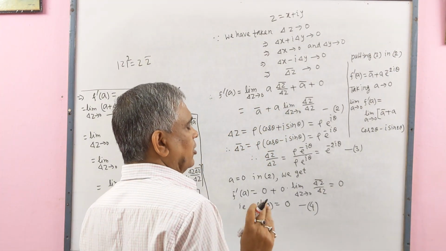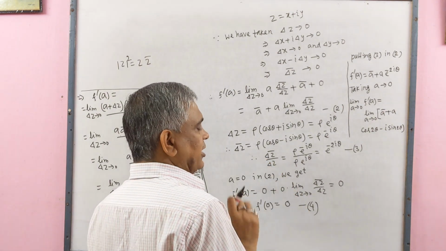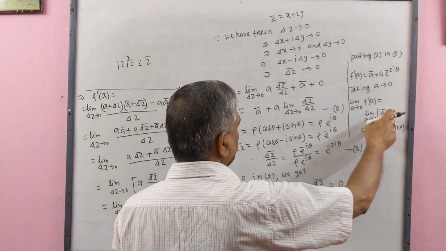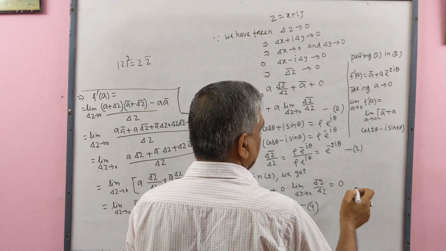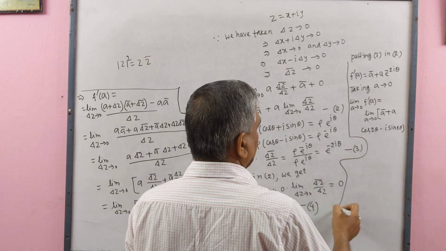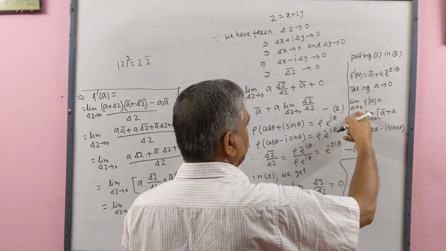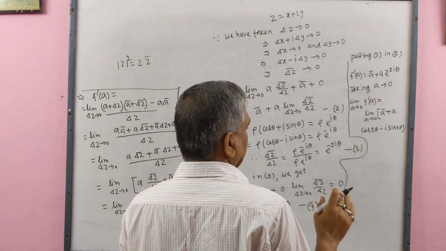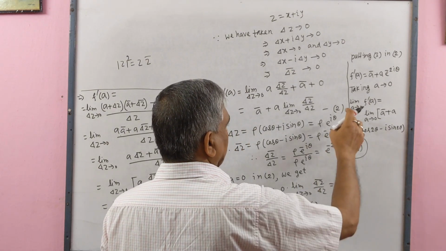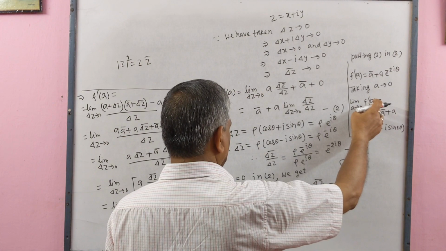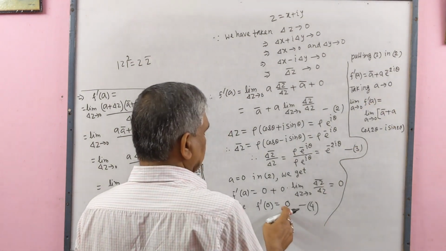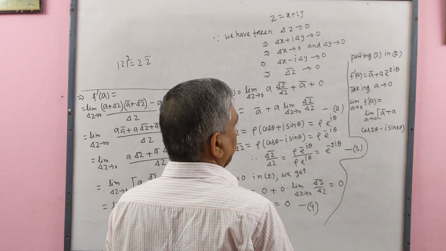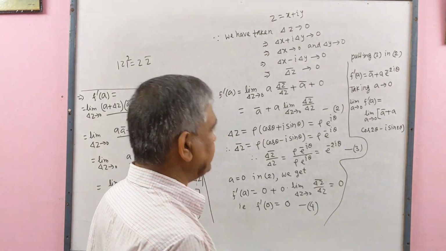Since theta may be changed, the value of f dash a at limit a tends to 0 does not tend to a unique limit. That is, limit a tends to 0 of f dash a is not equal to f dash 0. Therefore, f dash a does not exist.